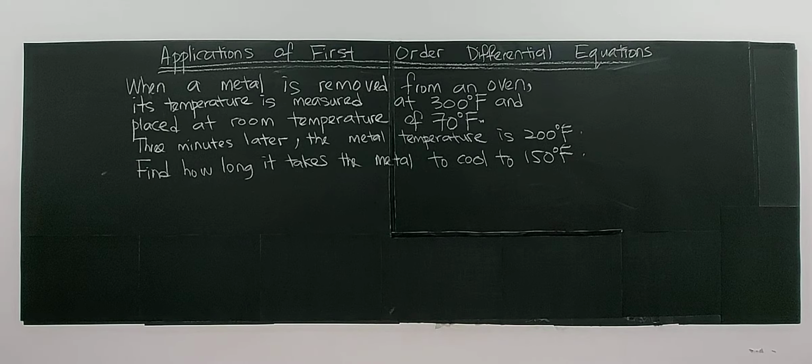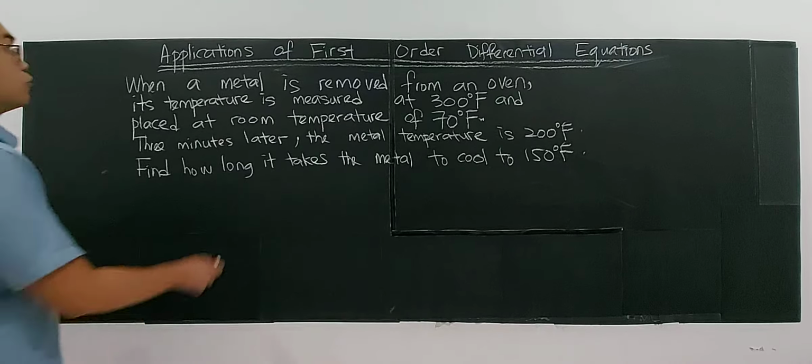So there is a difference between the temperature of the object and the temperature of the room, so there is an exchange of heat. Three minutes later, the metal is 200 degrees Fahrenheit. Of course, the temperature drops as the surrounding temperature is lower. So find how long it takes for the metal to cool to 150 degrees Fahrenheit.